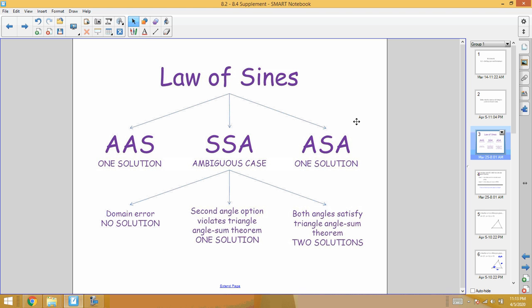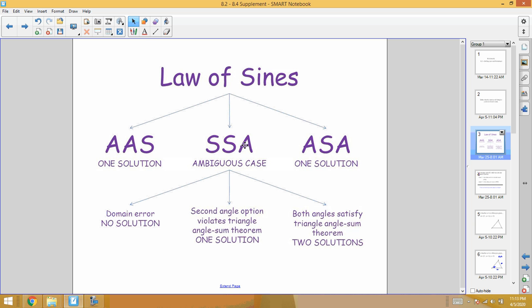Anytime you get one of those, you know the answer will be one solution. So you don't really have to do a whole lot of work. If you find this case, you shouldn't have to even set up the law of sines. Again, you're not solving. You're just recognizing that you either have AAS or ASA. If that happens, you know that you have one triangle and you're done and you can move on.